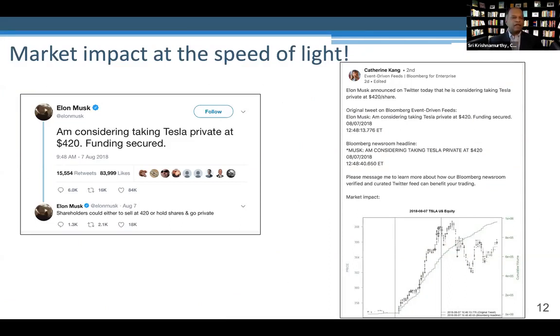Bloomberg later put out a message on LinkedIn, I believe, saying that at 12:48 Eastern time, within half a second of that message being posted by Elon Musk, it was already on the Bloomberg newsroom headline. If you look at what happened after that, the price impact had happened within a few minutes.